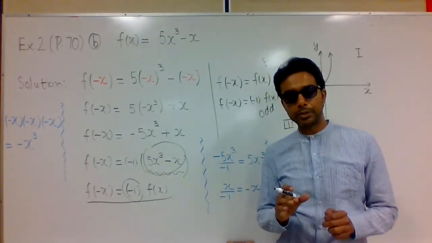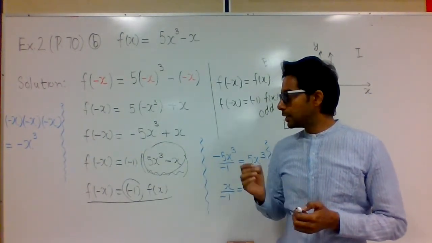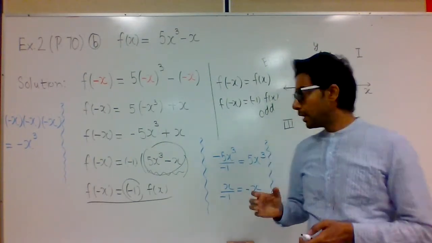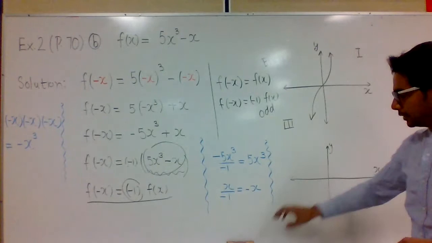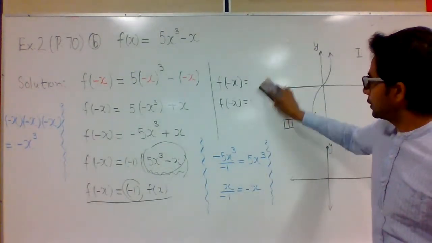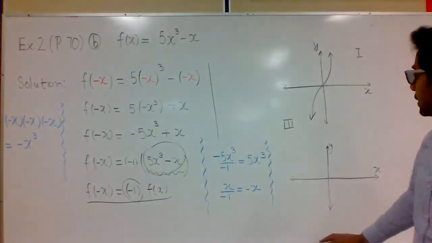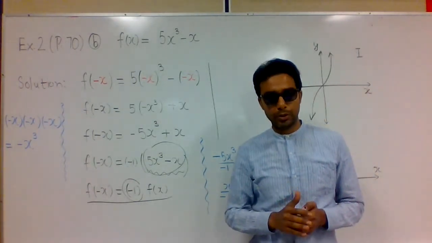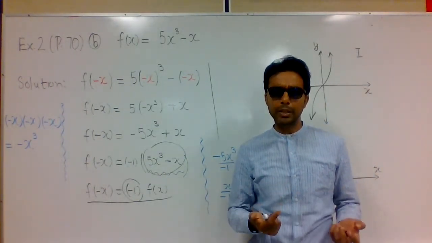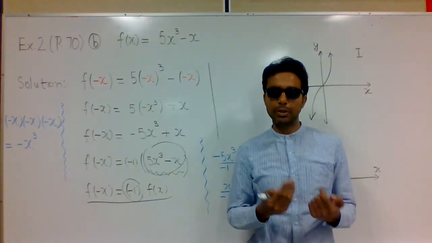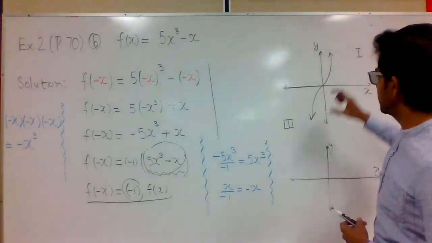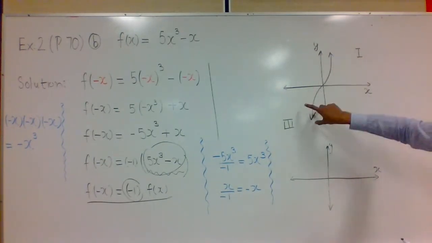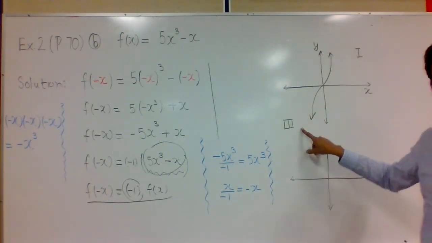Now the next part is to see how the graph of an odd function behaves. I have already graphed this function over here. It is actually symmetric about the origin. What does it mean to be symmetric about the origin? It means that half of the graph is in quadrant 1 and the other half of the graph is in quadrant 3.